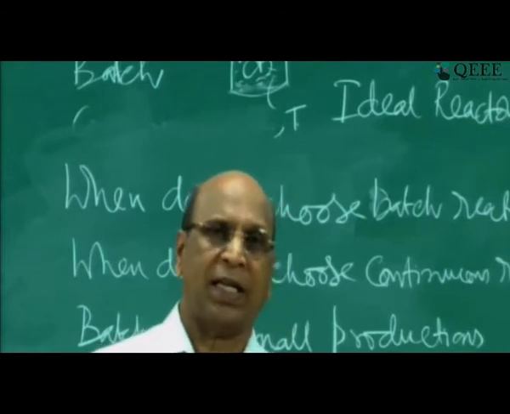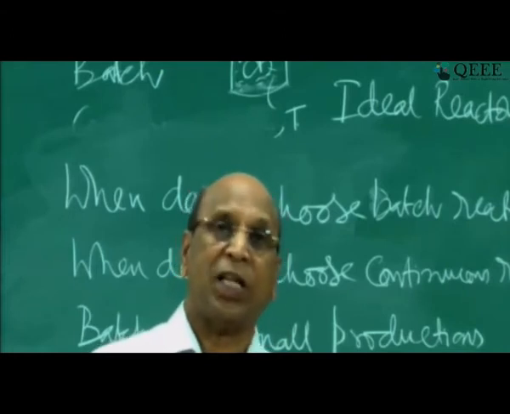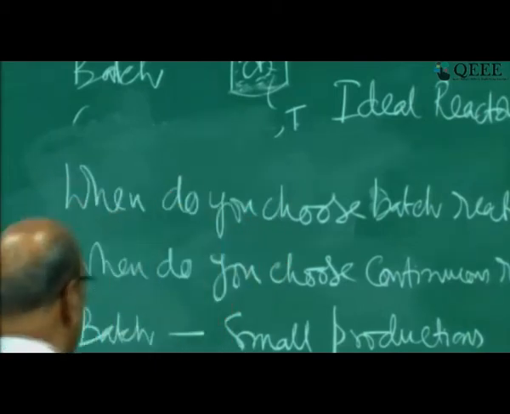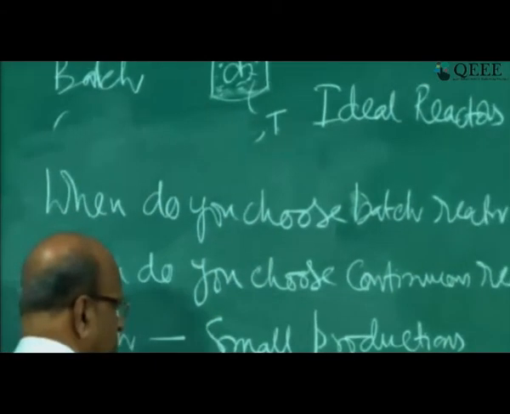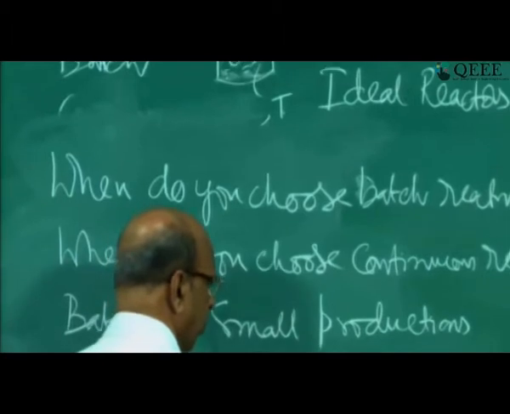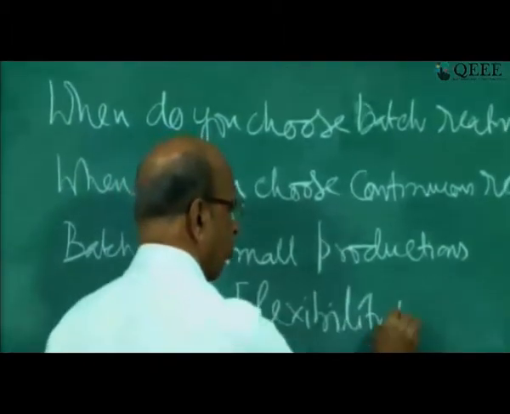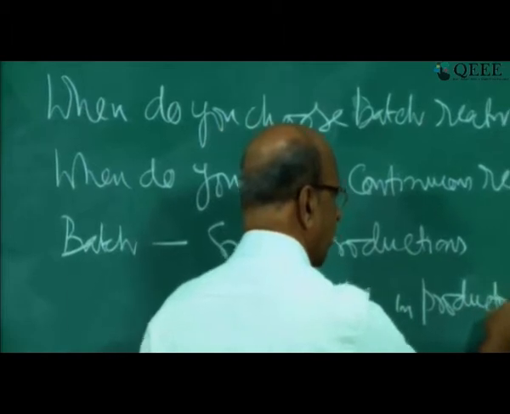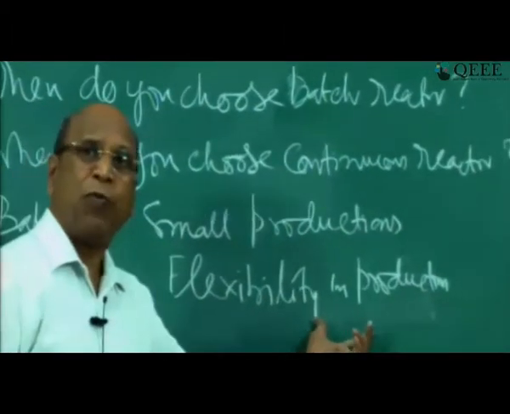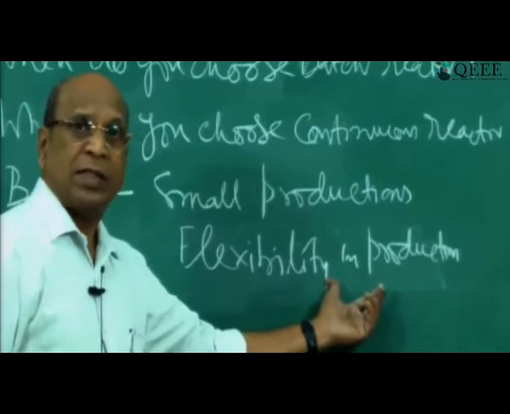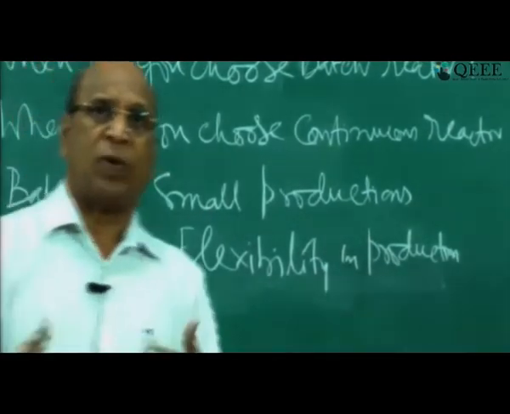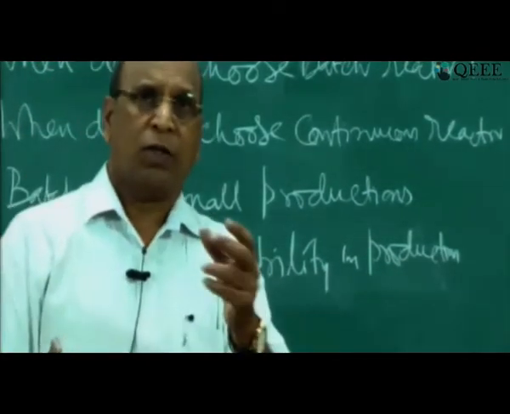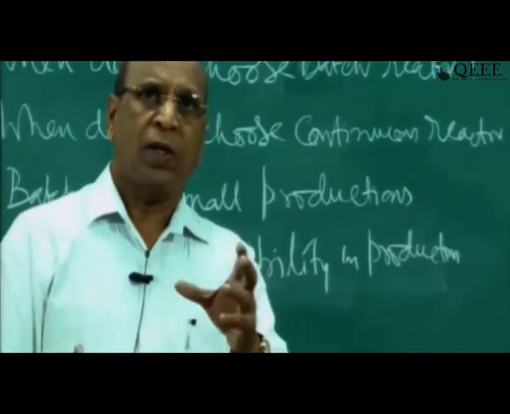That is one reason. The other reason is that they also should have flexibility in production. Small productions, flexibility in production. Okay, so what is the meaning of flexibility in production? That means today in pharmaceuticals you may produce headache tablets.